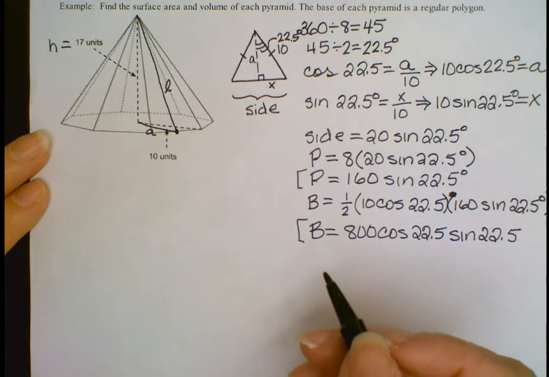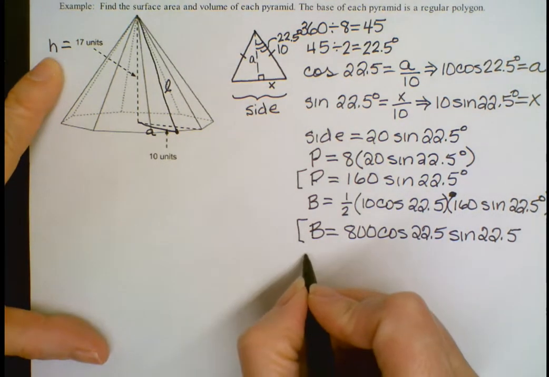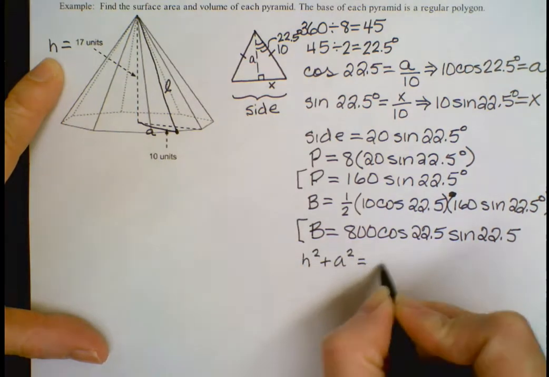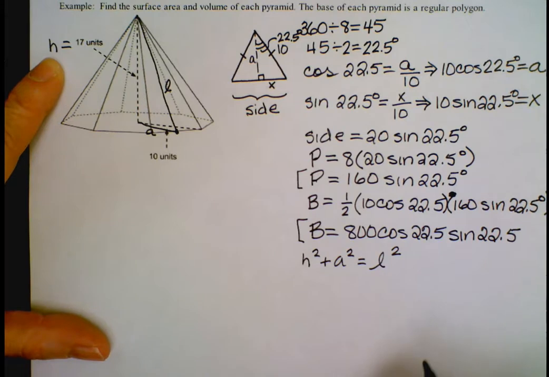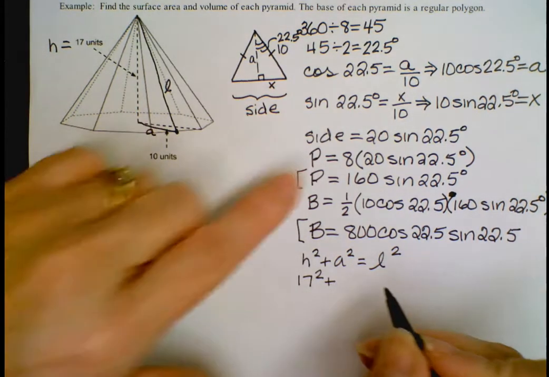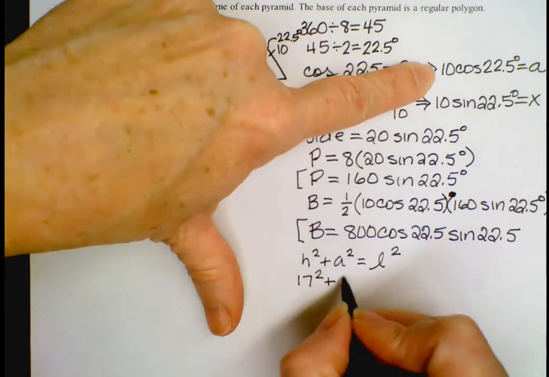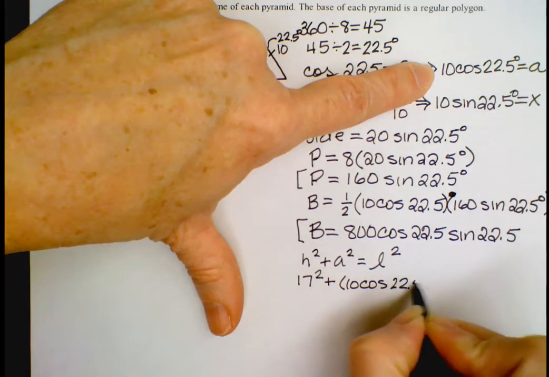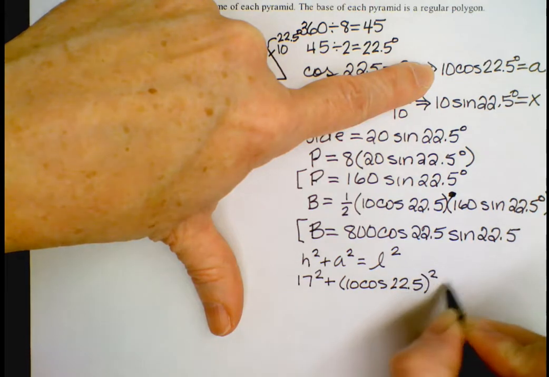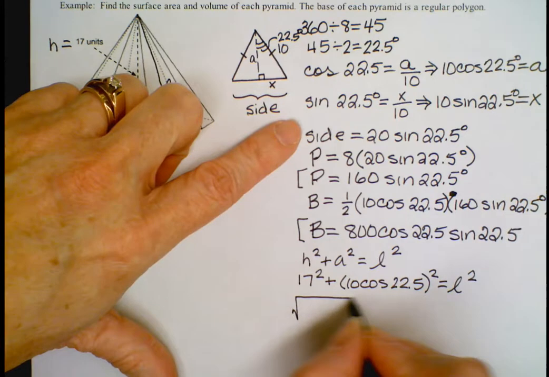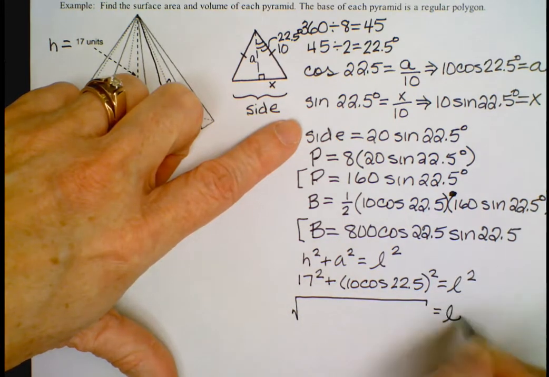So in this particular case, h squared plus a squared equals L squared. H is 17. A squared, remember our A is up here, 10 cosine 22.5 degrees, will equal L squared. So L is simply the square root of this quantity.